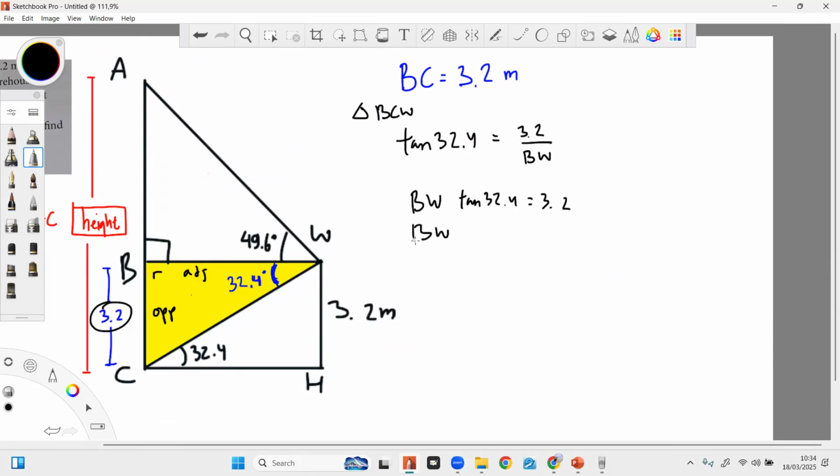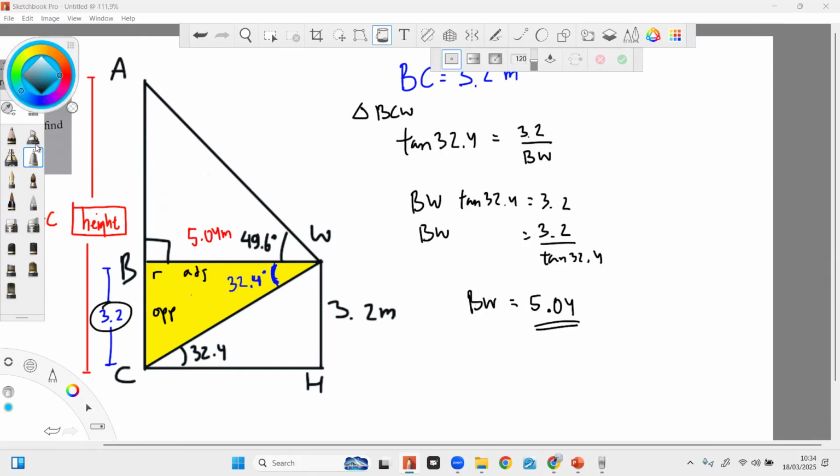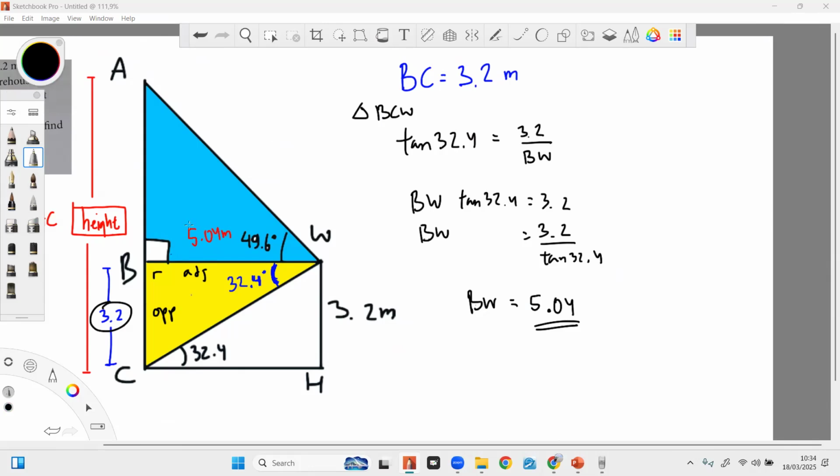So BW, wait. Okay, wait a moment. You do the calculation. What's the answer? 5.04. Okay, thanks. We get this side, 5.04 meter. And look, we are going to solve the blue triangle right now. How? We have the adjacent and the opposite.